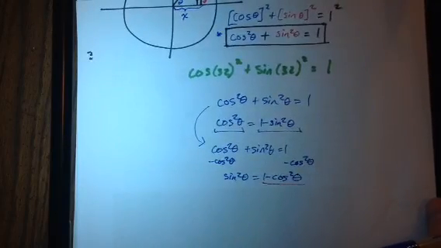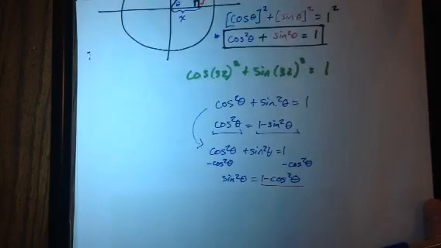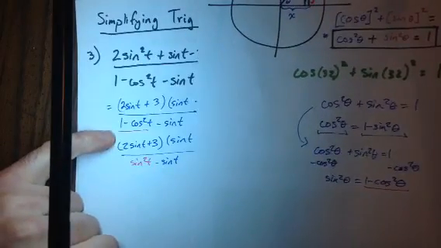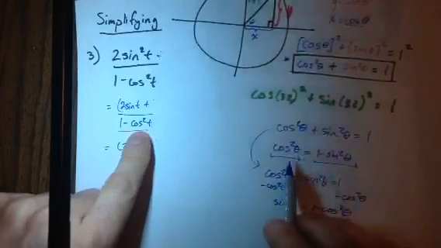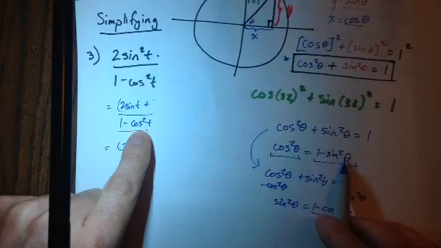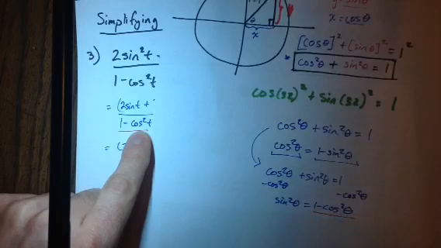But as we get through the unit, you'll get more comfortable with it. You'll probably even have a list of all the identities that you can use, and you'll start to recognize tricks like that. One other thought, if you would have replaced cosine squared theta with this, you would have ended up with the same result in the end. This just saves you a step.